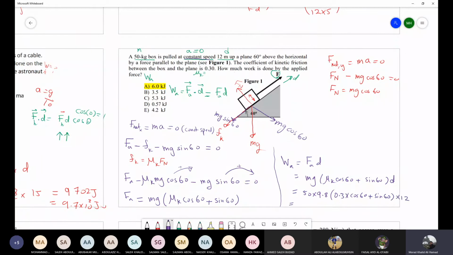If you calculate this, you will get something like 5,974 joule, which is almost equal to 6,000 joule, or 6 kilojoules, which is our answer. Clear?